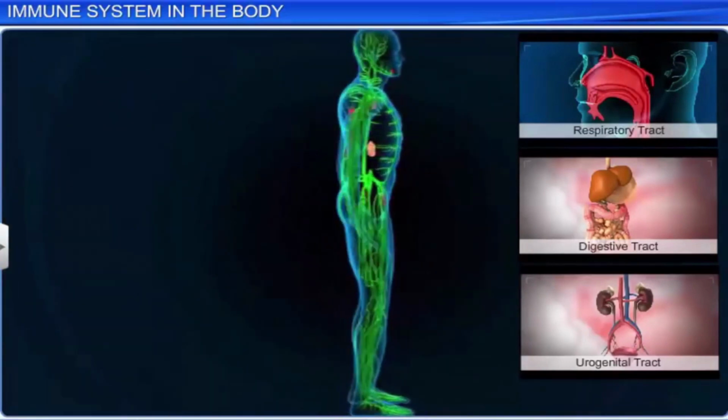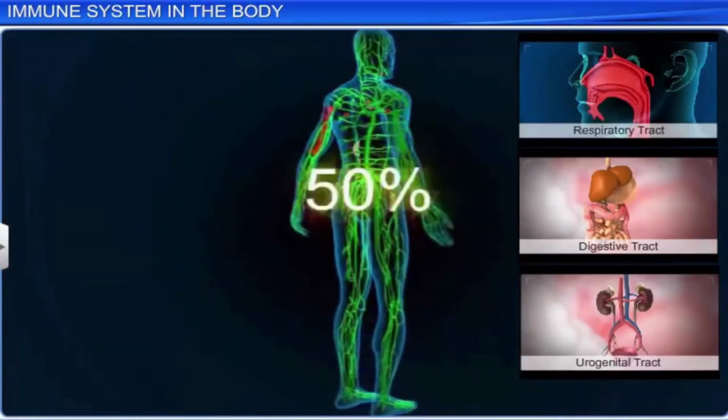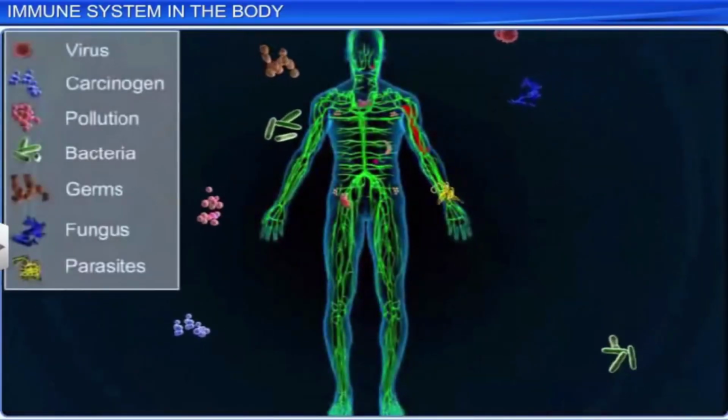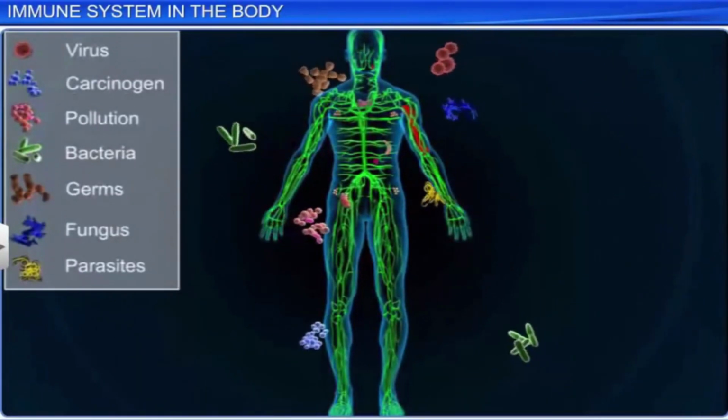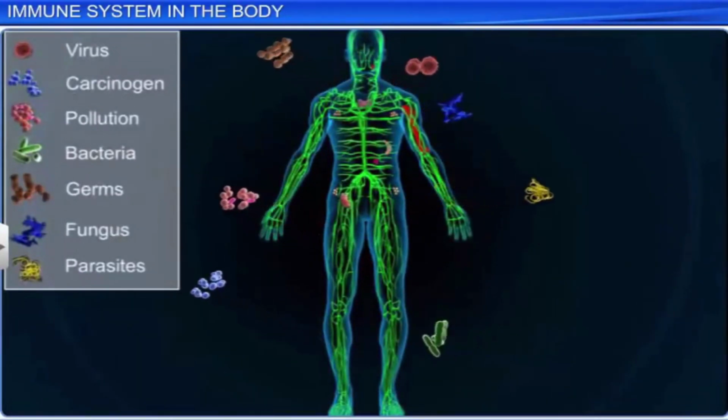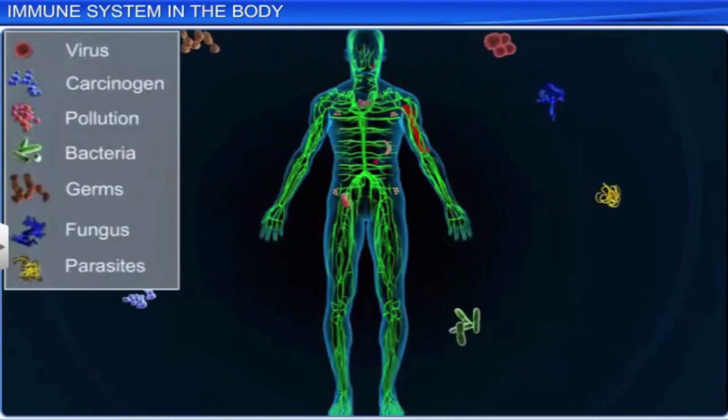MALT constitutes about 50% of lymphoid tissue inside the body. Therefore, the immune system, which collectively comprises the lymphoid organs, lymph nodes and tissues, protects the human body from invasion by pathogens and microbes.